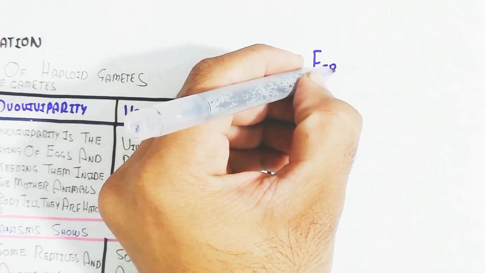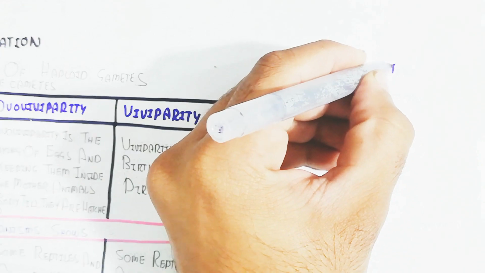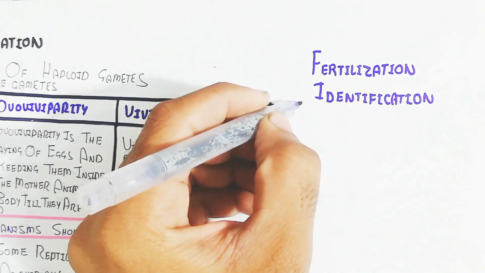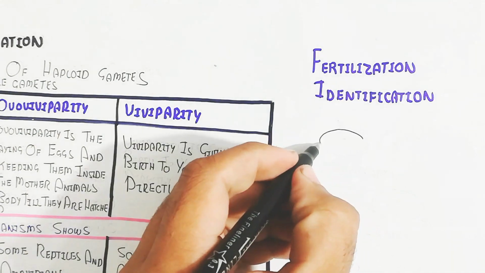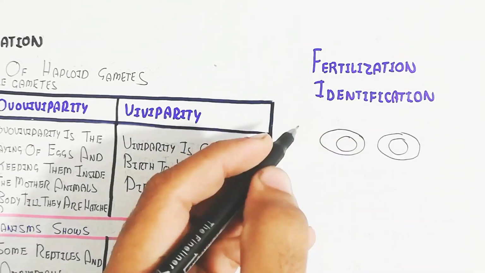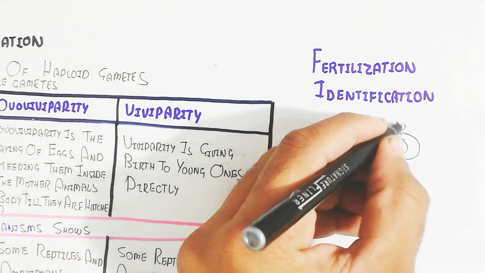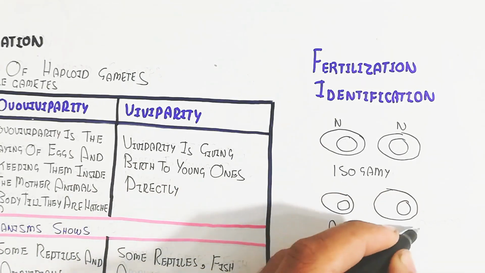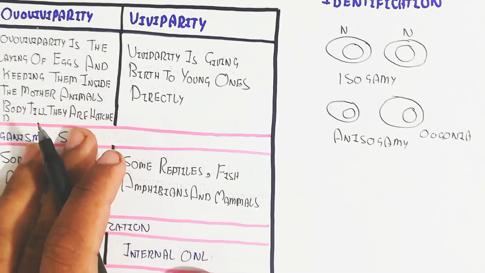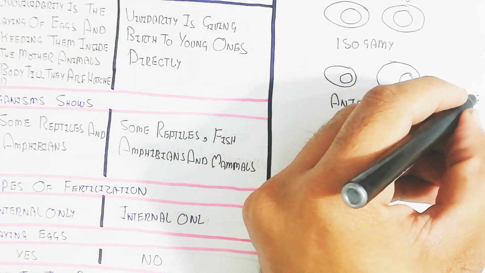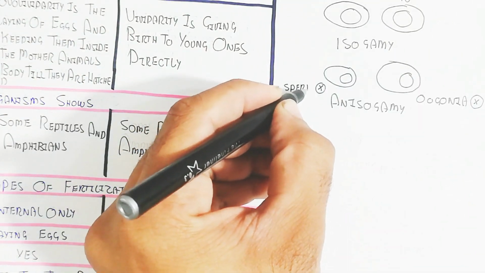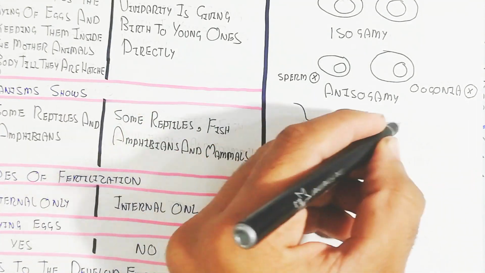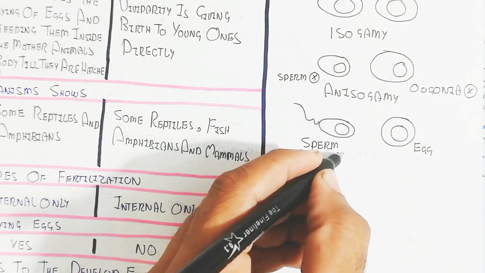Anyhow, let's now understand the identification of gametes. Isogamy means the two haploid gametes cannot be identified and both are the same, as in some plants. Anisogamy means we can differentiate the size of the gametes, but we cannot differentiate sperm and oocyte.